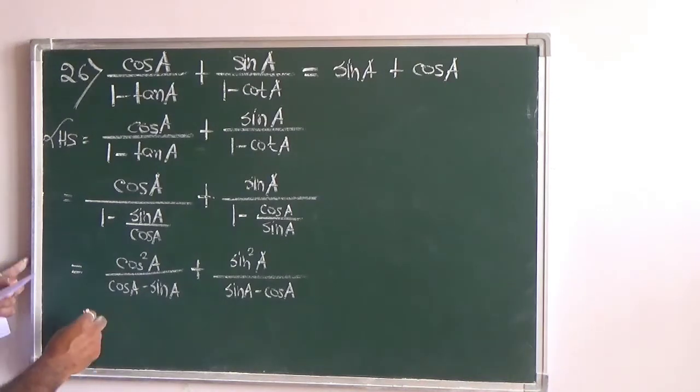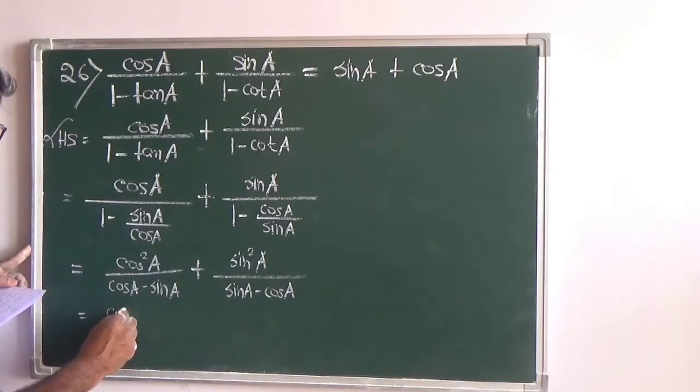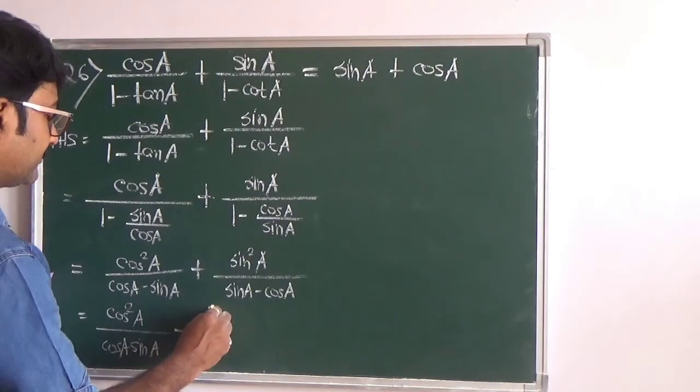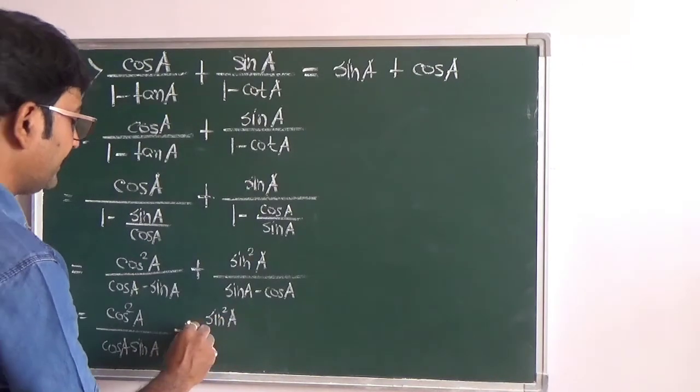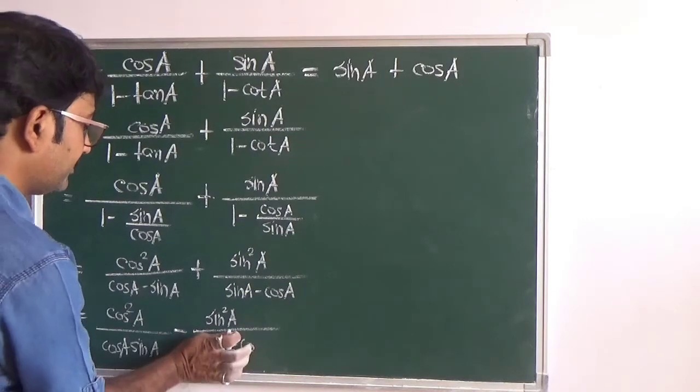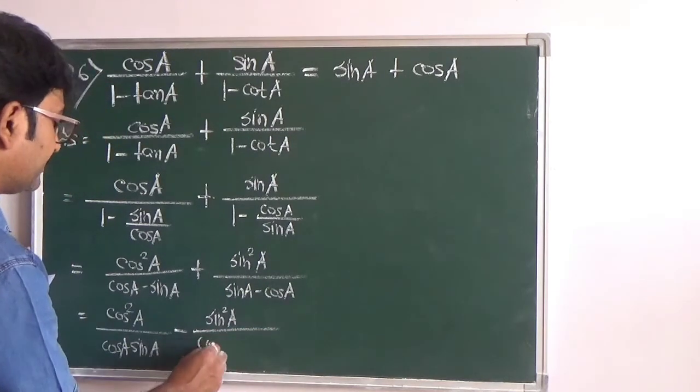So we can write it as cos square A by cos A minus sin A, minus sin square A divided by cos A minus sin A.